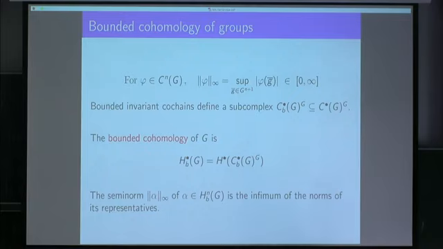Of course, it is a semi-norm and maybe not a norm, because a non-trivial class may have representatives of arbitrarily small norm, and this will be the central topic of this talk, by the way.